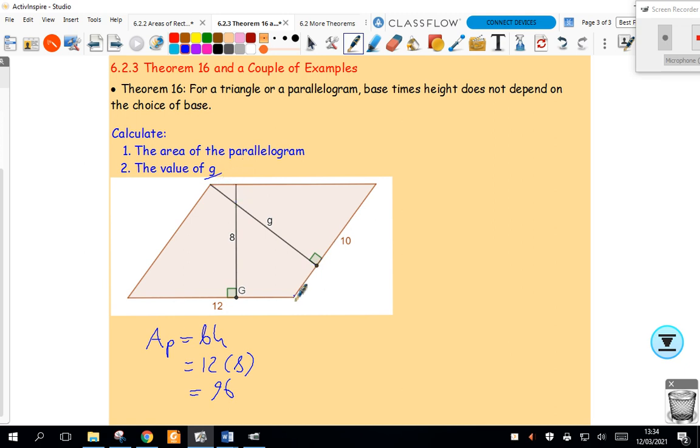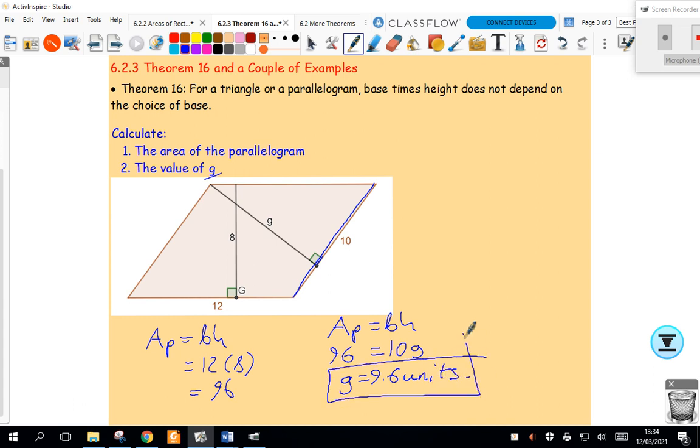So if I rotate it around, put it on this base, g is the perpendicular height. We know the area of the parallelogram is base times height. We've just found that's 96. And the base here, if I use this 10 as the base, that would be 10 times the perpendicular height g. So from that we can work out that g would have to be 9.6 units.